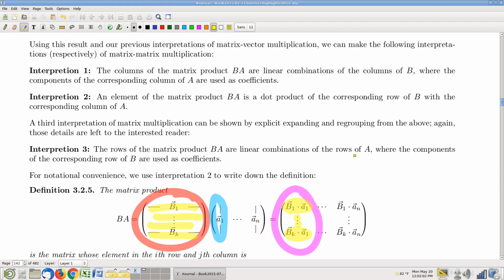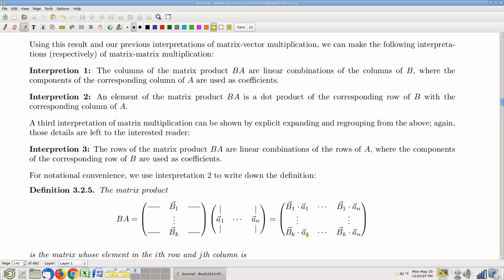For any given entry in the product matrix, you look at the corresponding row of the left matrix and the corresponding column of the right matrix, and take row dot column.